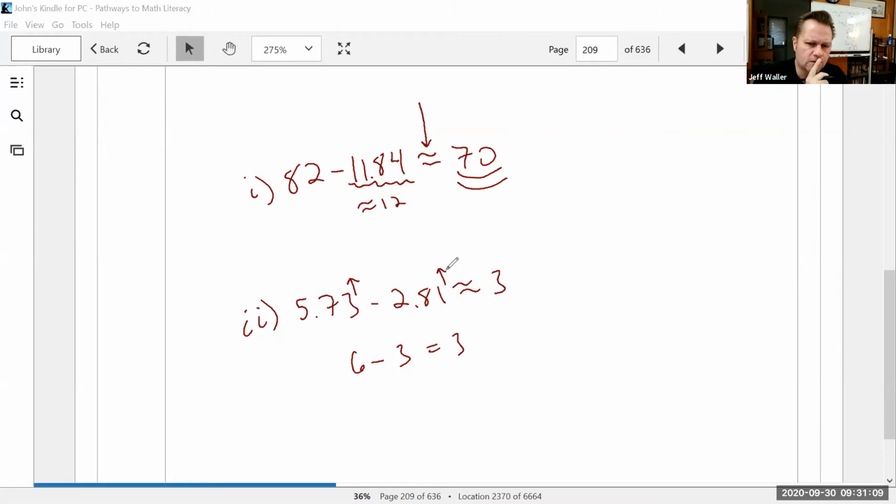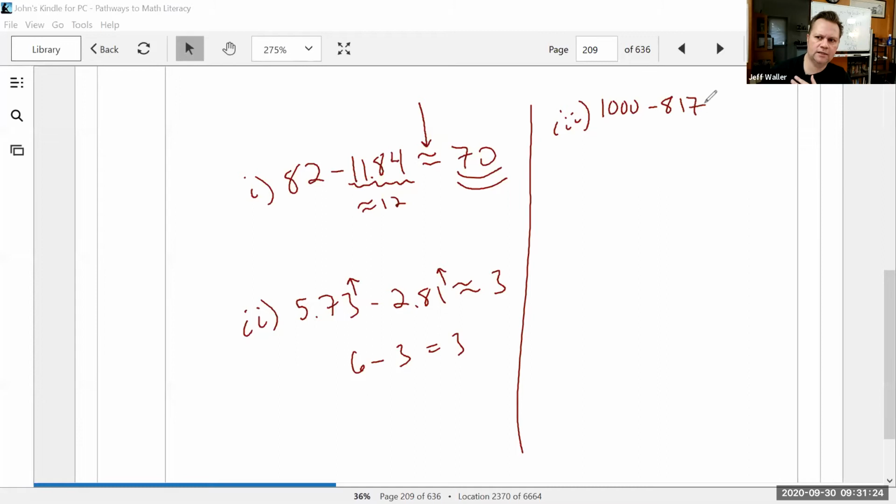Yeah. So this leads to a trick that I think I might have shown you before, but let me see if you guys are with this. What really sucks is when I have to do something like 1,000 minus 817 by hand. Will that not suck? You're going to have to do a ton of borrowing.